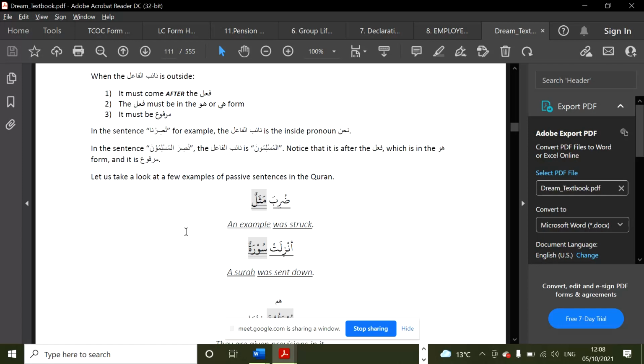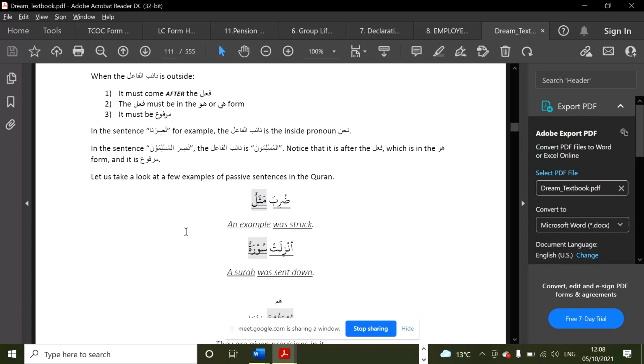Notice that it is after the fail, which is the huwa form, and it is marfu. So we say that al muslimuna is rafa, and it is after our madi mabni lil majhul. So it is our naibul fail, but it's an outside naibul fail here.